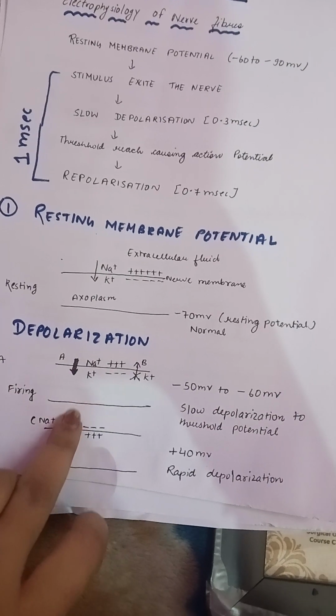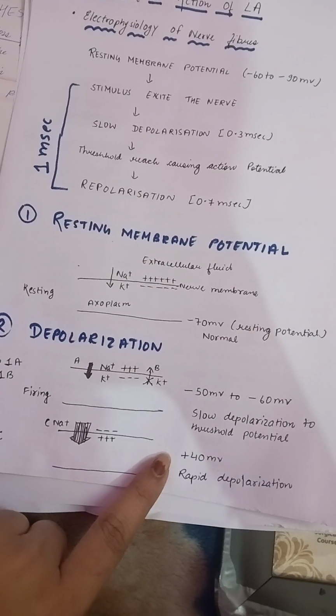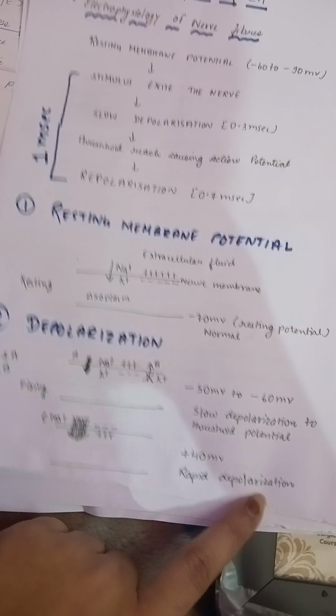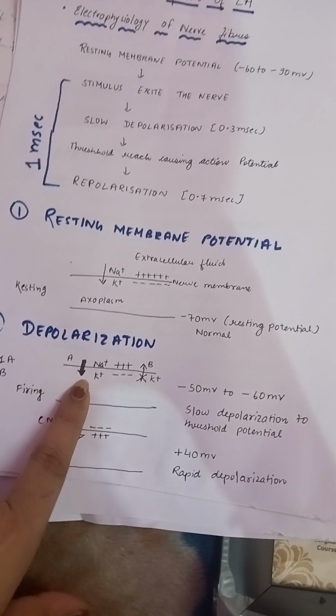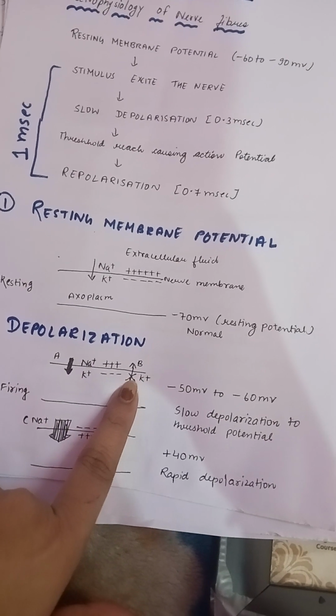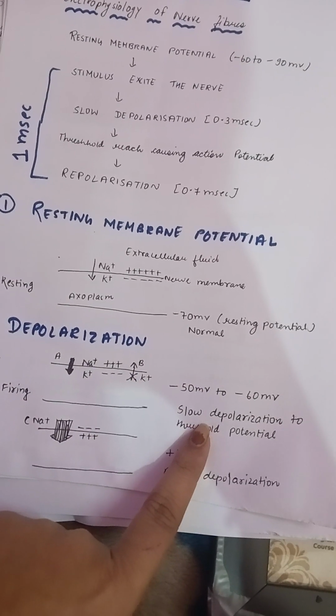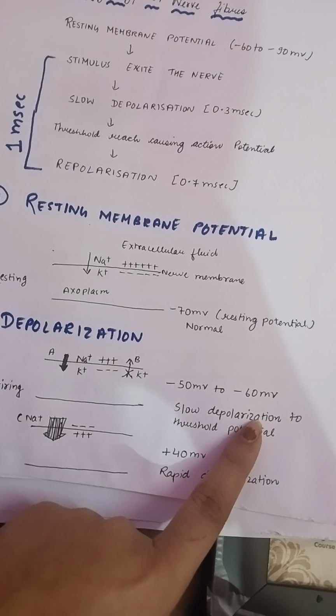Then there is more Na plus influx, that is rapid depolarization. In slow depolarization, there is Na plus influx and no outflux of K plus, maintaining minus 50 mV to minus 60 mV.